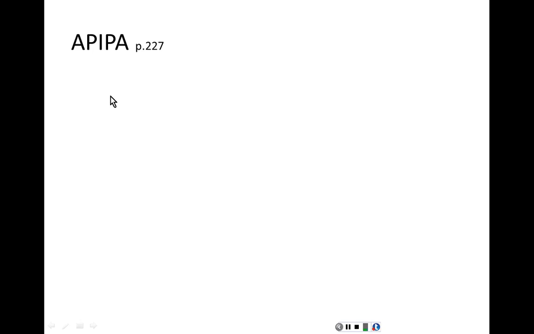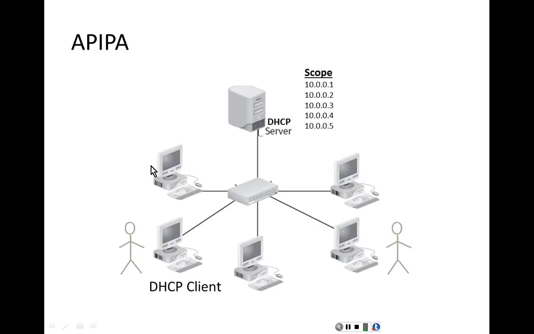Page 227, automatic private IP addressing. The client requests an IP address from the DHCP server. DHCP server pushes it down. But what if the DHCP server goes down? Well, then the workstation is not going to be able to get an IP address.